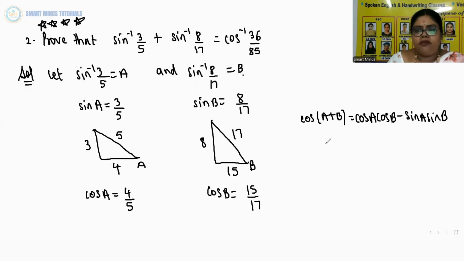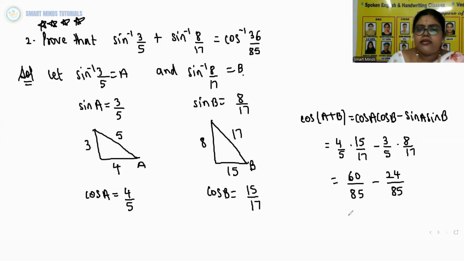Now substitute the values. Cos A is 4 by 5, cos B is 15 by 17, minus sin A is 3 by 5, sin B is 8 by 17. 4 into 15 is 60, by 5 into 17 is 85, minus 24 by 85. 60 minus 24 is 36 by 85.